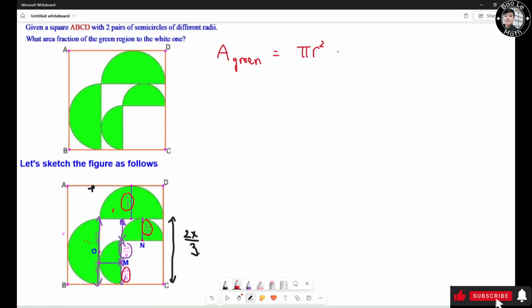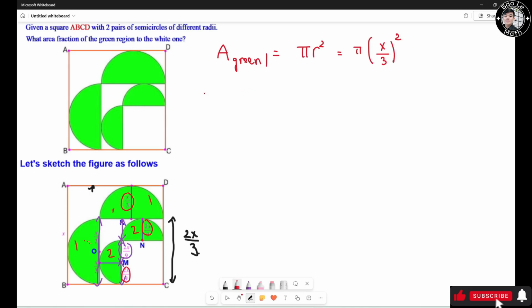So it's going to be pi times s over 3 all squared. This is the big one, so I call this green one.